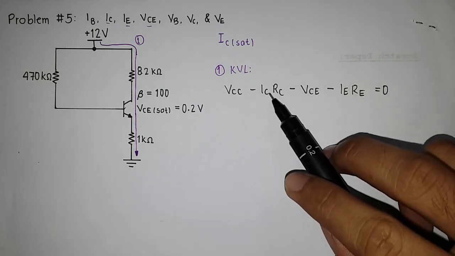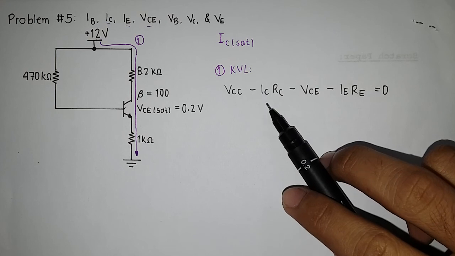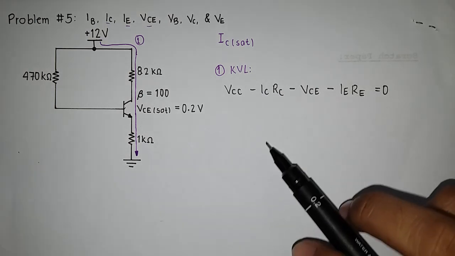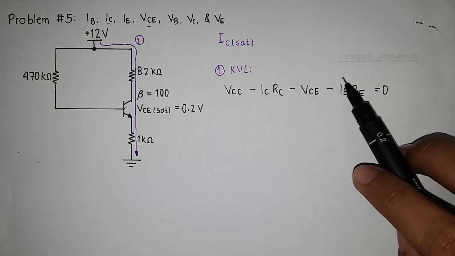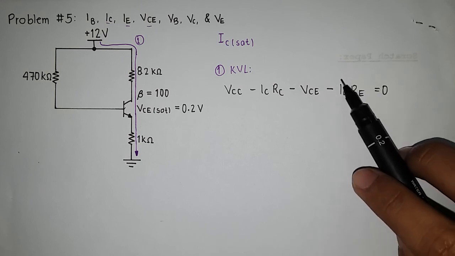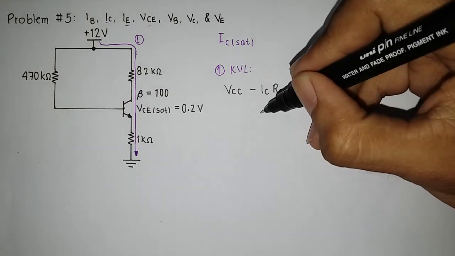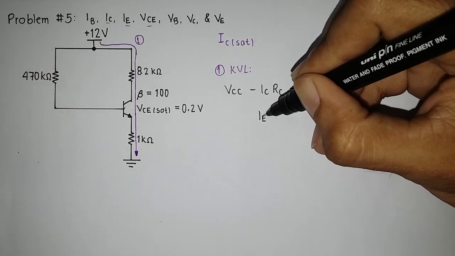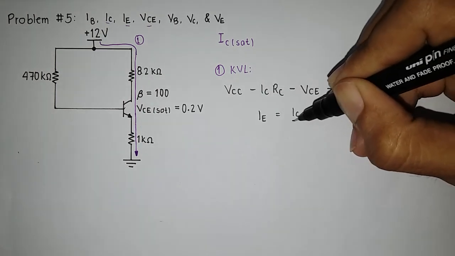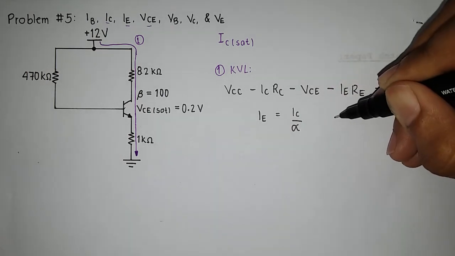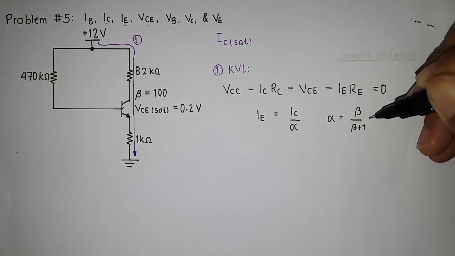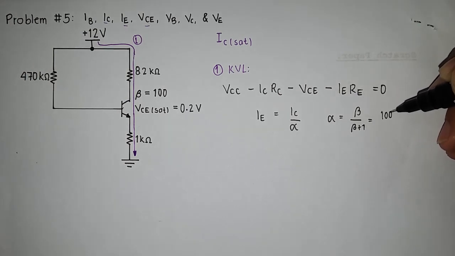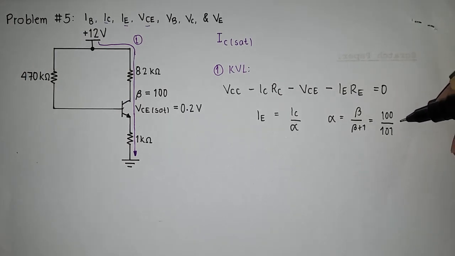To get IC SAT, kailangan natin i-isolate si IC sa isang side ng equation. And to do that, first, kailangan natin i-replace yung variable na IE in terms of IC. And we know that IE is equal to IC over alpha. And alpha again is equal to beta over beta plus 1, which in this case is 100 divided by 101, and that is equal to 0.99.